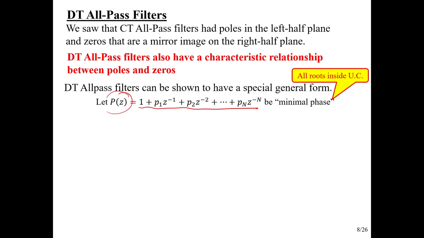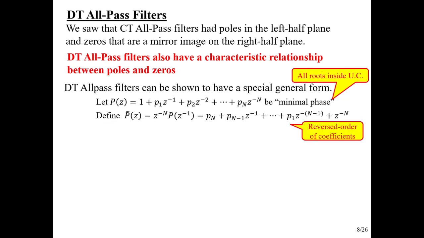We're going to use a fancy name for that. We're going to make sure that we pick the coefficients such that that polynomial is so-called minimum phase. And all that really means is all of its roots are inside the unit circle. There's a reason it's called that, but it's not important for what we're doing here.